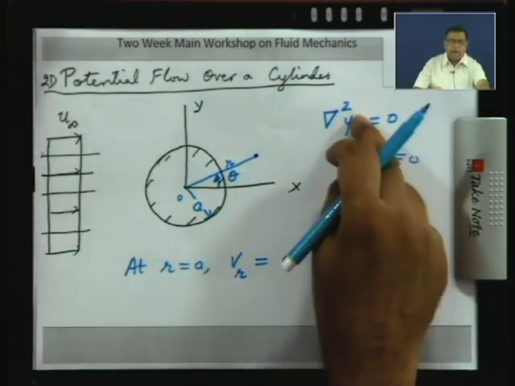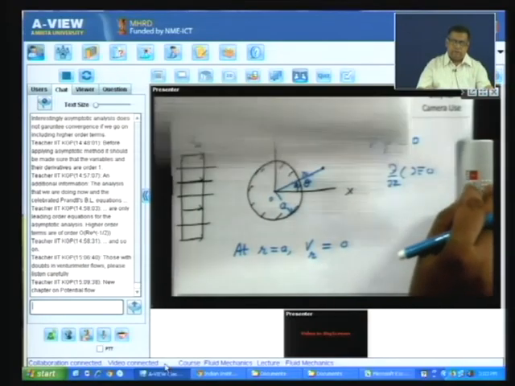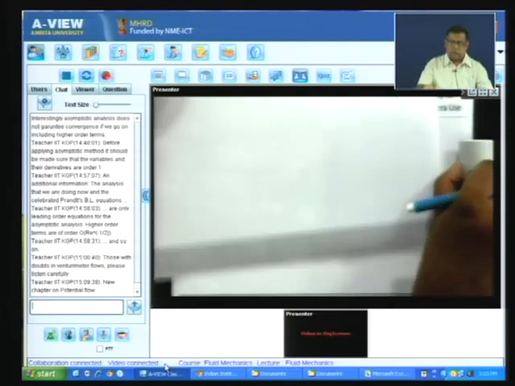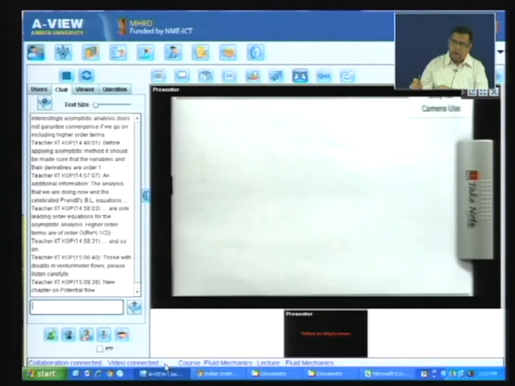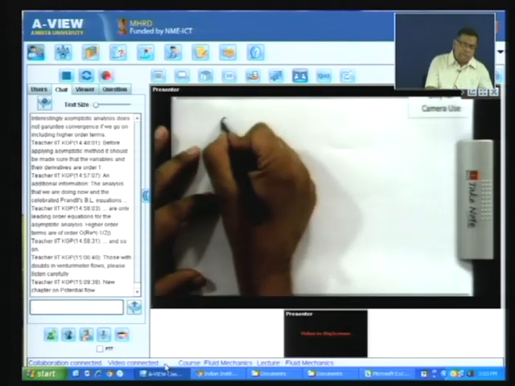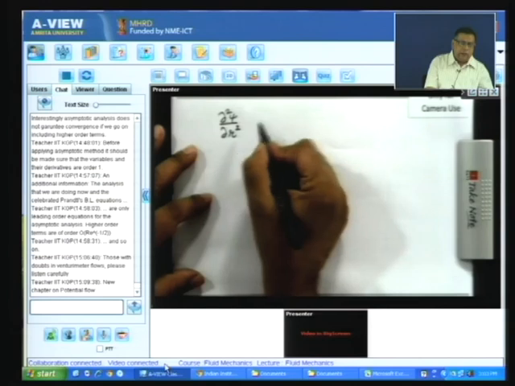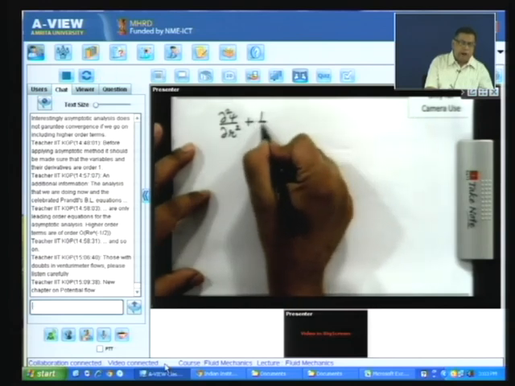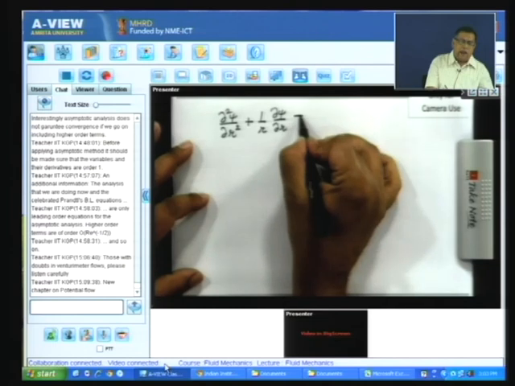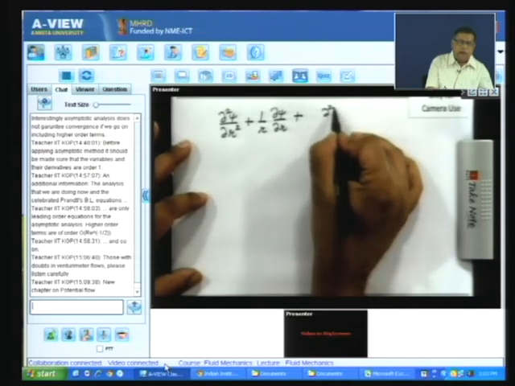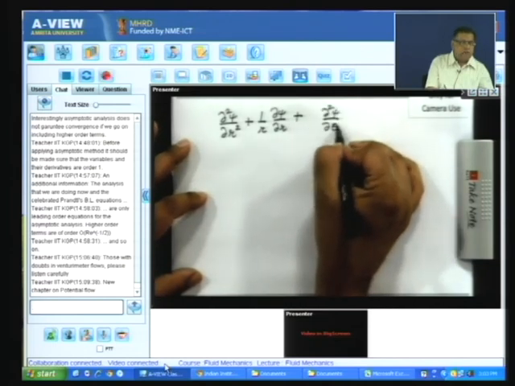Now, we will write the Laplace equation in cylindrical coordinates. So, you are going to have del 2 psi by del r squared, and then you have a first order term 1 by r del psi by del r, and you have a term involving del 2 psi by del theta squared.